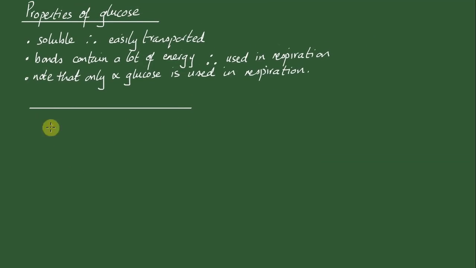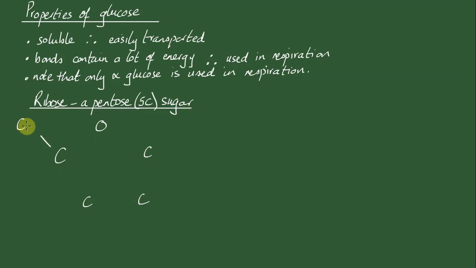So now we're going to move on to ribose, which is a pentose sugar, a 5-carbon sugar, because you also need to know the structure of this sugar. Again, it's a ring compound, the ring being completed by an oxygen atom, each carbon having 4 bonds coming off it.